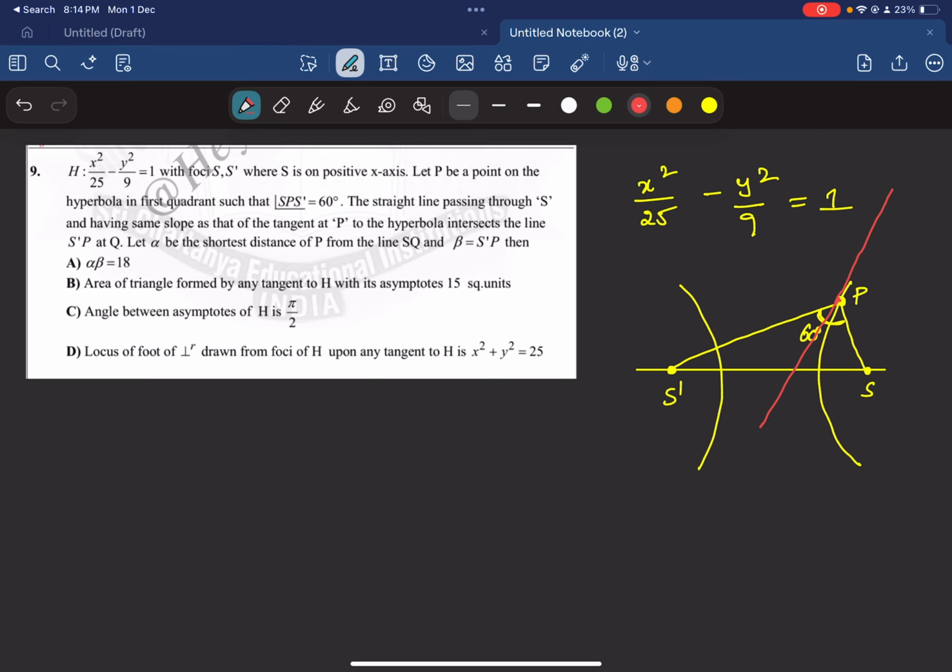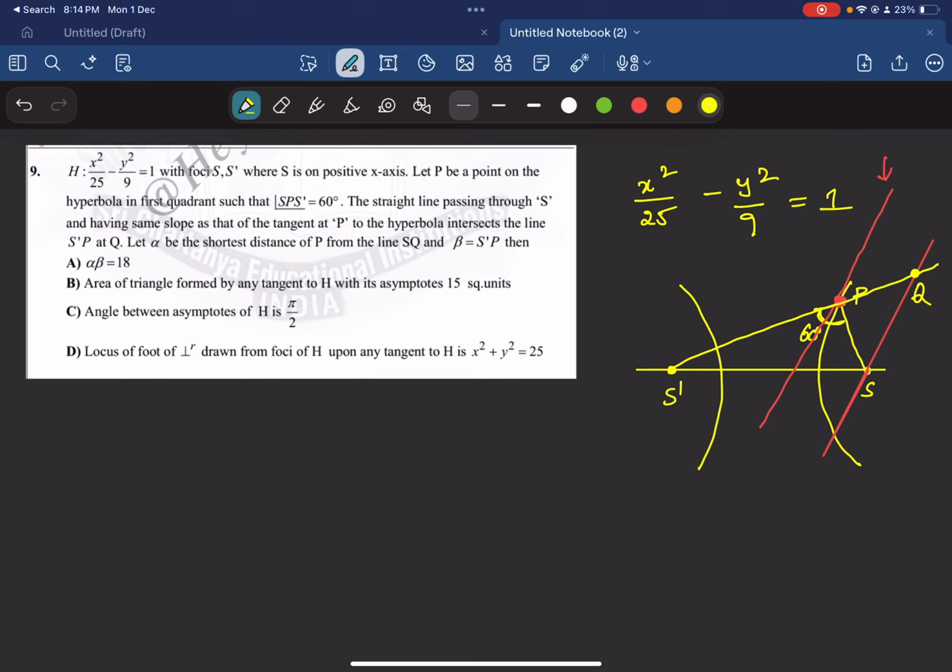So this is the tangent at P, and a straight line passing through S and having the same slope as that of this particular tangent to the hyperbola intersects the line S dash P at Q. So when you extend this line S dash P, this tangent intersects this line at Q. Let alpha be the shortest distance of P from the line SQ.